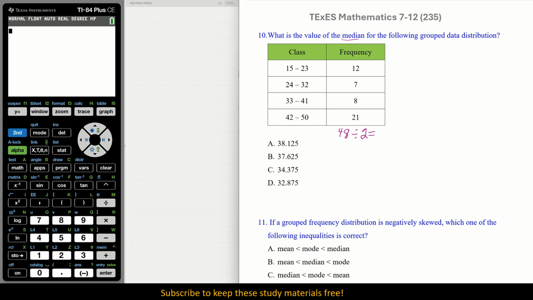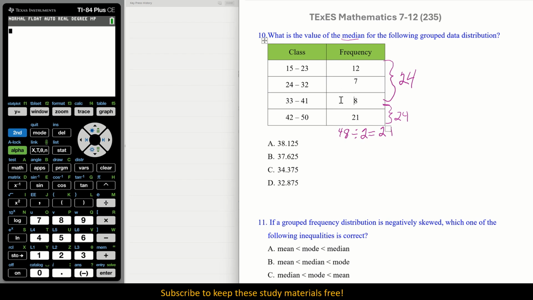Okay, so this means we have 24. So we need to go to that center. In this situation, you can very quickly see that it'll be right in here. And we can say 24 from here to here, and then 24 from here to here. Doesn't matter.